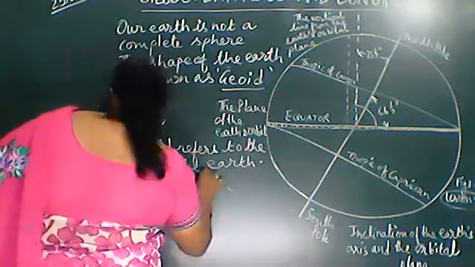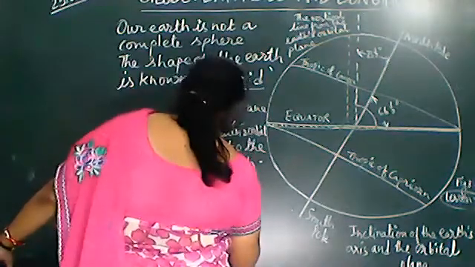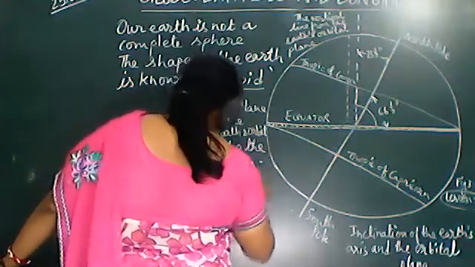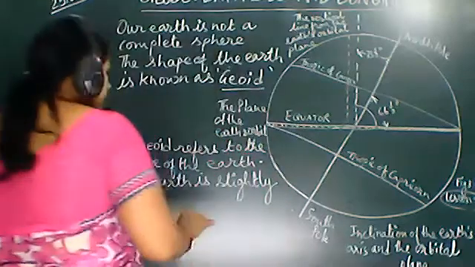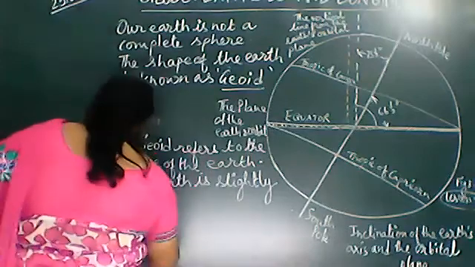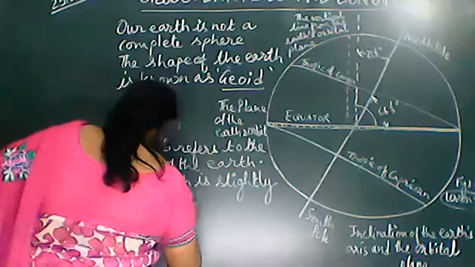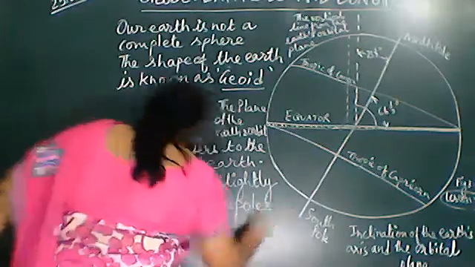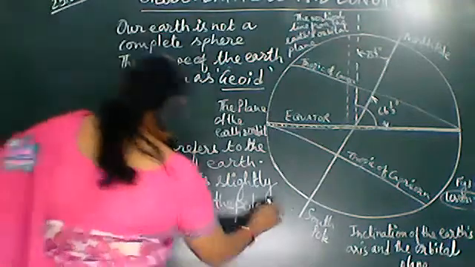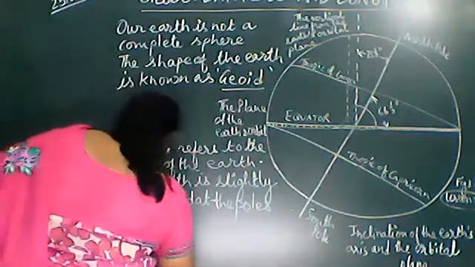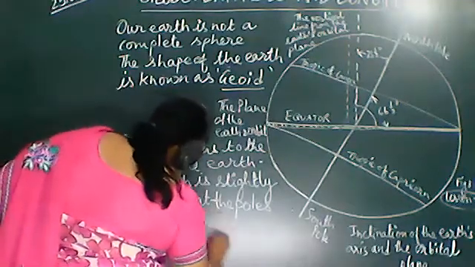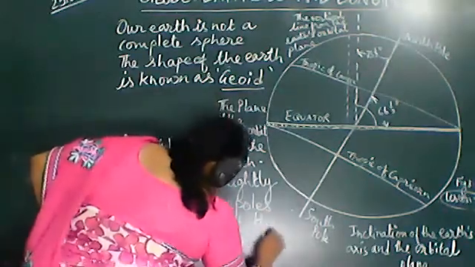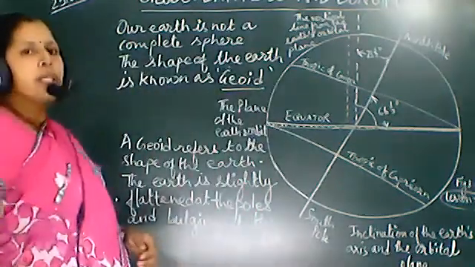When we say that the Earth is a geoid, it means the Earth is slightly flattened at the poles and it is bulging at the equator, due to the continuous spinning.